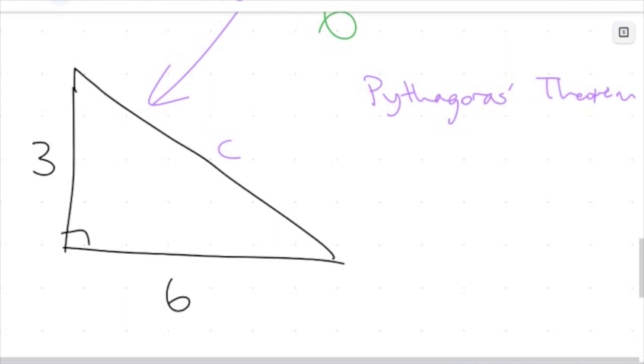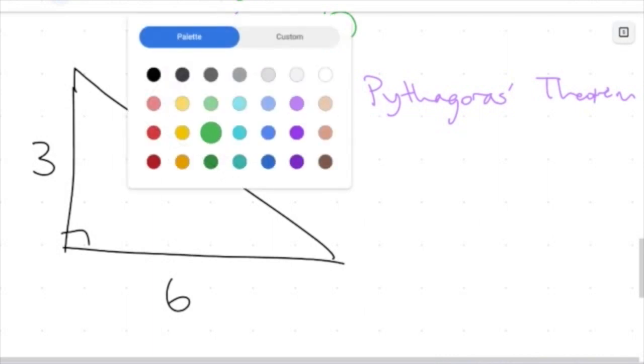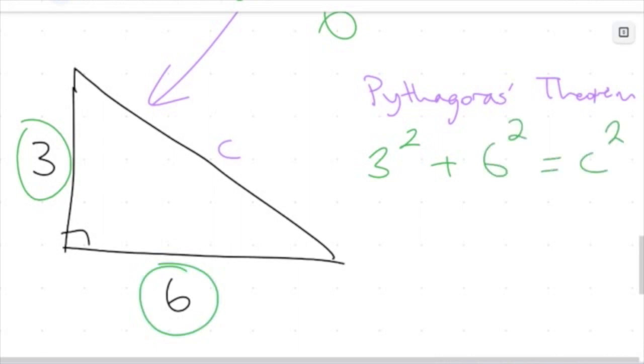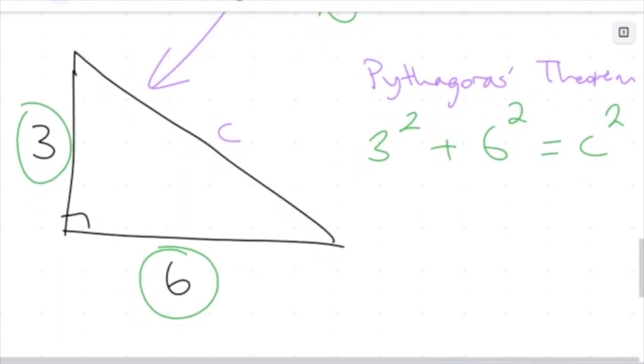So what does that tell us? Well, for a bit of revision, this tells me that a smaller side squared plus another side squared equals the third side, the longest side, the hypotenuse, squared. And some of you may remember this as a squared plus b squared equals c squared.